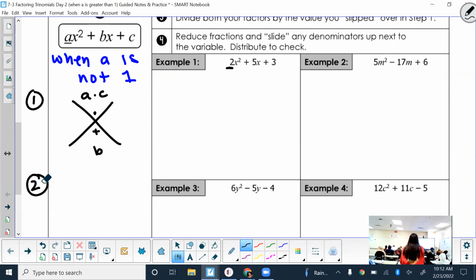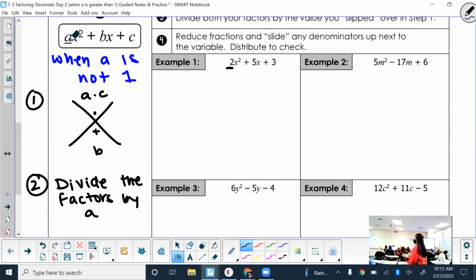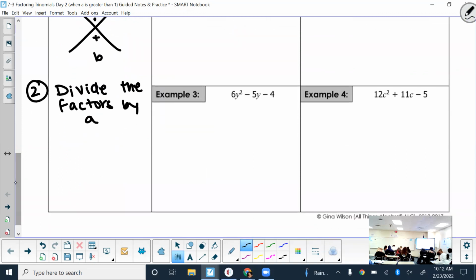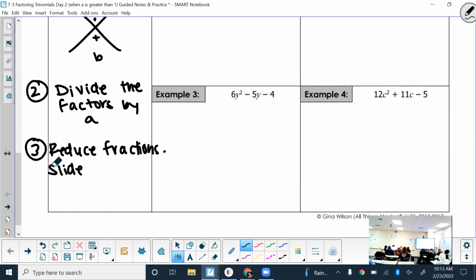Once you get your 2 factors, you're going to need to divide the factors by A. So whatever was your leading coefficient, you'll have to divide it by A. Third, you'll need to reduce the fractions, and slide any remaining denominators.